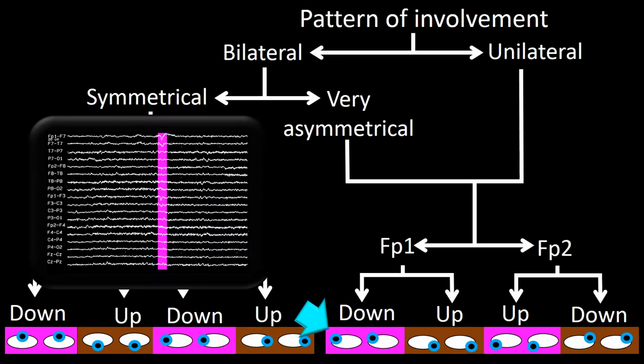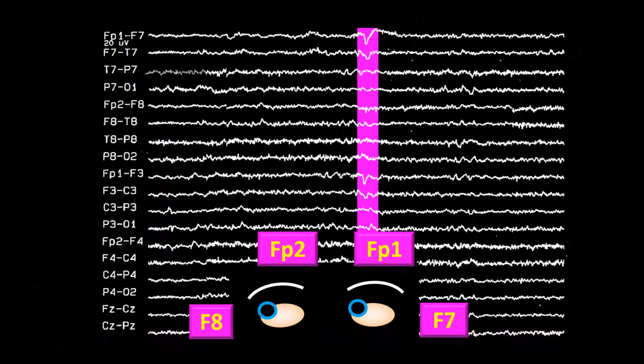Thus, the eye movement is up and to the right. In this frame, I have incorporated the epoch with the eye deviation, as you can see from FP1 and F7.